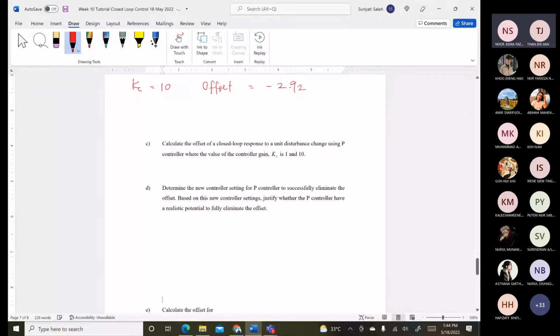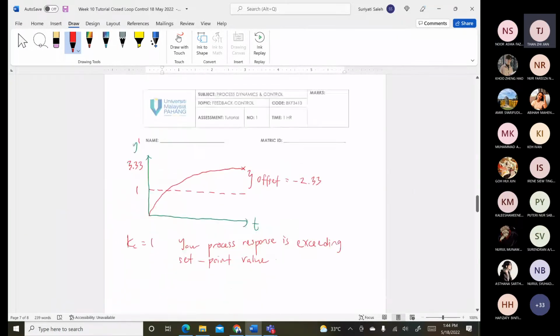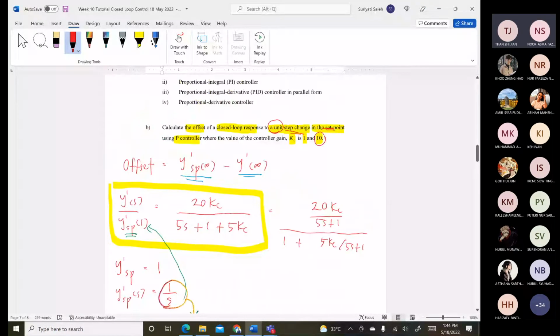In this case, the Kc is not given. We need to find the value of Kc that will produce zero offset. So how to solve it? Let's use the original equation. So this is our original equation.